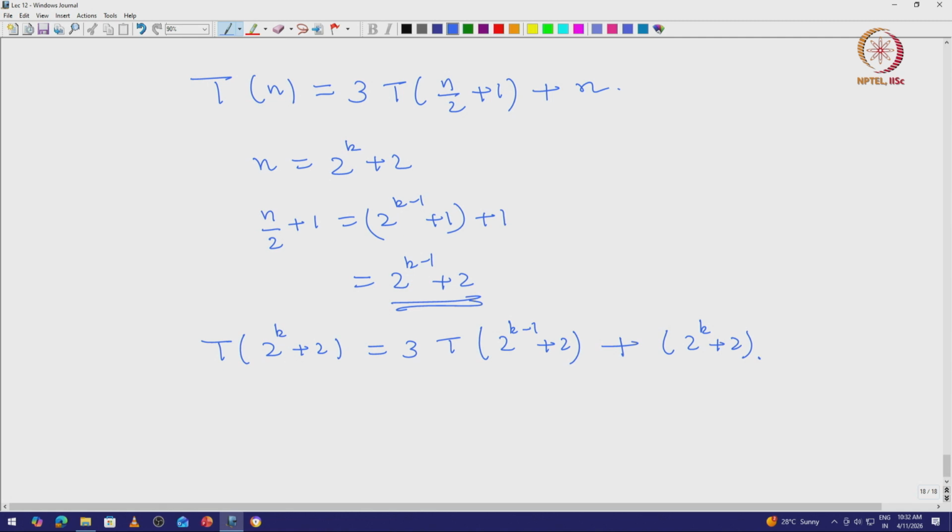So, now you see the interesting pattern. Whatever is on the left hand side, when k is replaced by k minus 1, you see it in the recursion. So, I can write from this T of 2 power k minus 1 plus 2 is 3 times T of 2 power k minus 2 plus 2 plus 2 power k minus 1 plus 2.